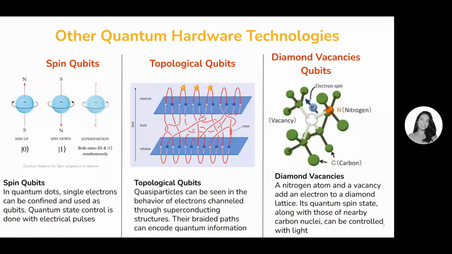Most of these technologies are still developed in research labs. Not many of them are available commercially. Besides ion-trapped qubits and superconducting qubits, maybe some of spin qubits, even though their machines are not really functioning properly. But we will see where the development will get us.